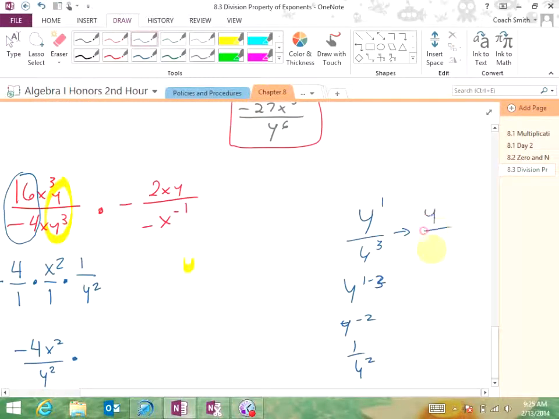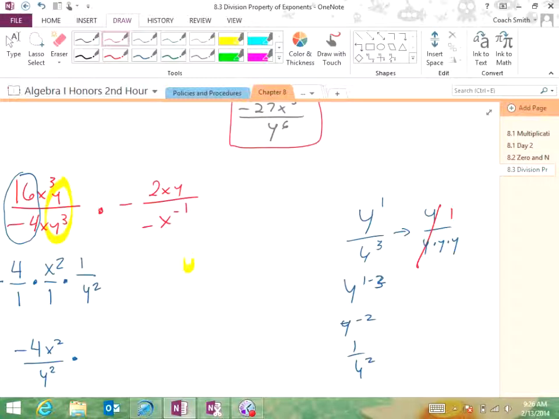You have 1. Those two cancel out, leaving me with 1 on top, 2 y's on bottom. Realistically, that's the easiest way when you get to these complicated ones, is just look at it. So just subtract their exponents.